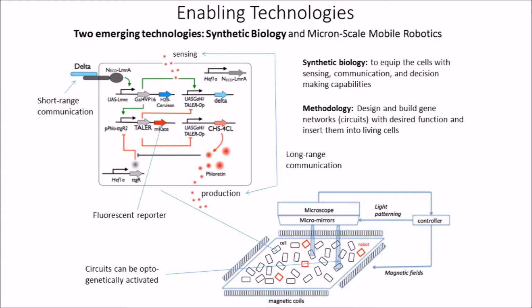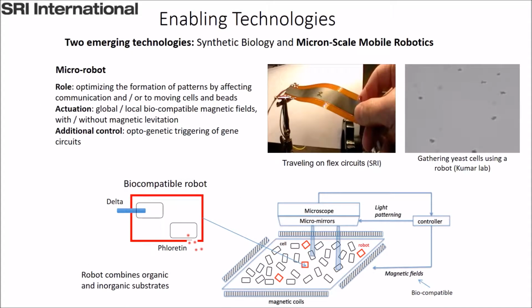The decision-making is implemented by the gene regulation interactions, which can be activations, shown in green, and inhibitions, shown in red. We use micron-scale mobile robotics to optimize the formation of patterns by affecting communication and/or by moving cells and beads. We are developing a robotic assistant that consists of micro-robots that can move under the action of a controlled magnetic field. In collaboration with SRI International, we are investigating different types of actuations, including magnetic levitation.